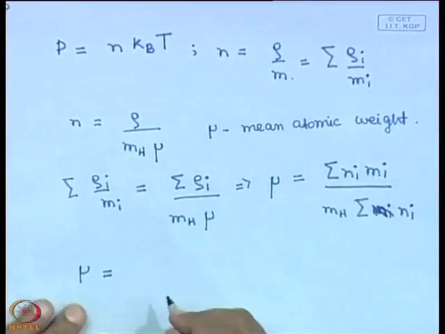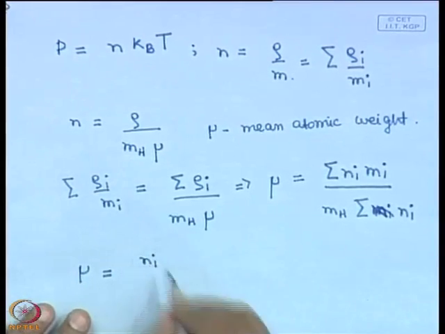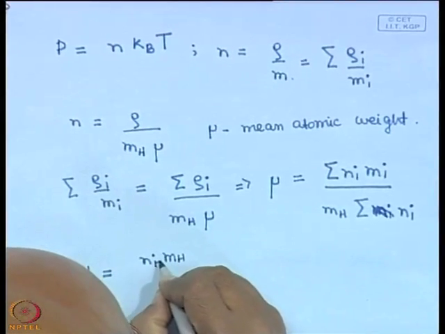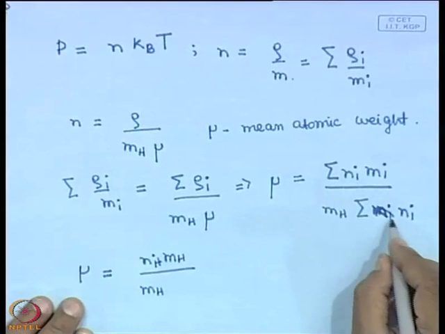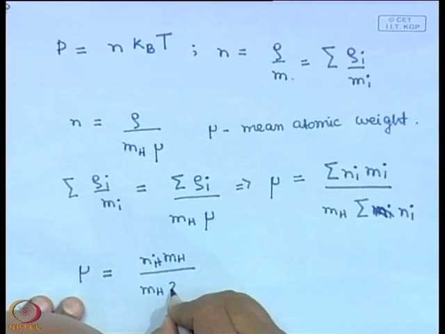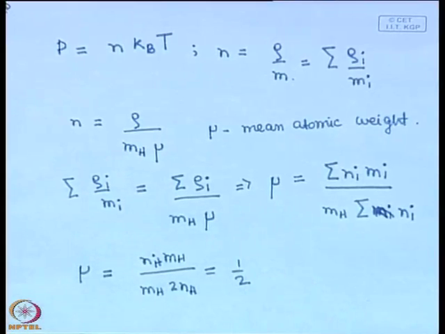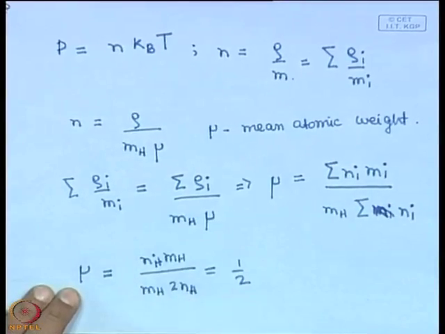So, the numerator is essentially N_h, the number density of protons, into the mass of the hydrogen atom, M_h. The denominator is M_h, and here the electron and the proton density are same. So, we have 2 N_h. So, this comes out to be equal to half. Okay. So, for ionized hydrogen this is half. If you put in a fraction of helium, then it will get somewhat modified. Okay. The mean atomic weight for ionized hydrogen is half. So, we can use this.